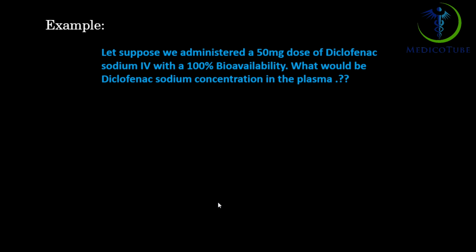For that, we know that concentration of plasma is equal to mass divided by volume. The mass of the drug is 50 mg, and what is the volume of the plasma? That is 2.5 liters, as we know.